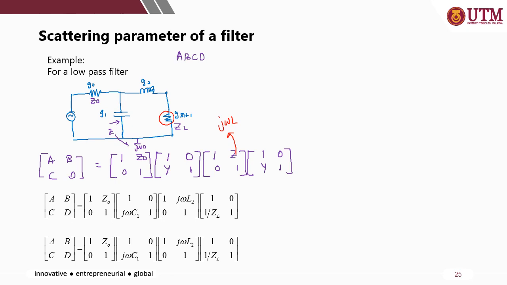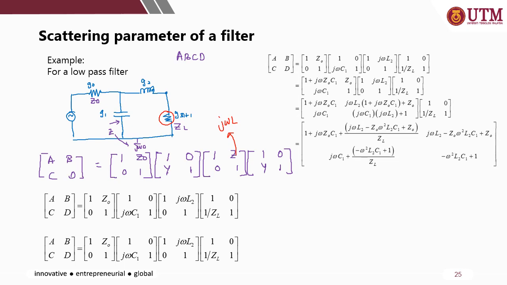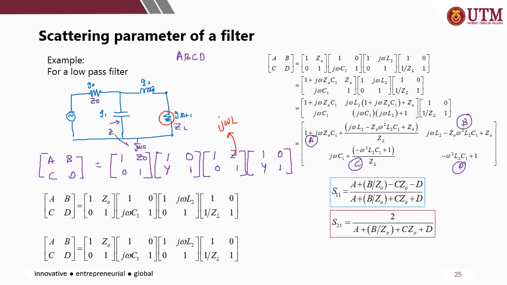All right, and then you can expand this matrix until you get the ABCD. So this represents your A, here is your B, and then C and D. Okay, so once you have A, B, C and D, then you can calculate what your S11 and also S21 are for the filter.